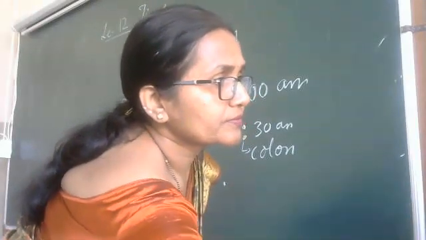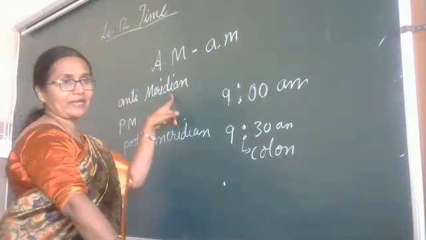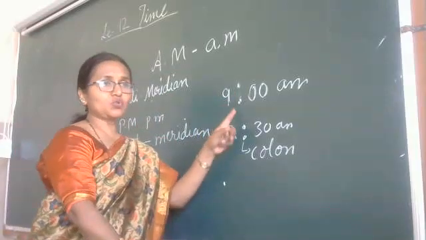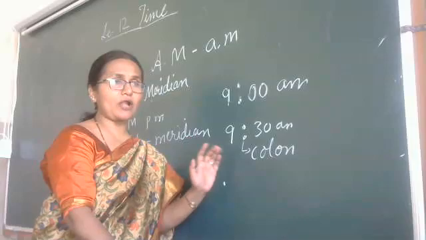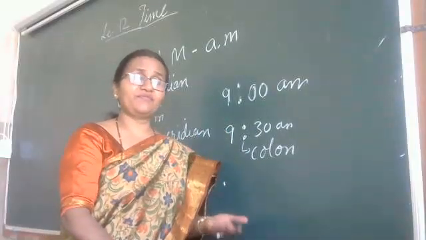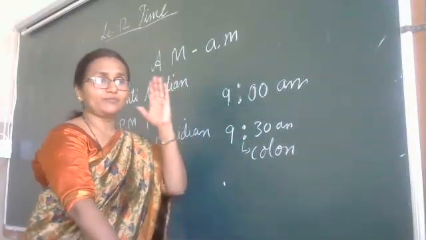Yes, sir. Okay? AM is anti-meridian, PM means post-meridian, and the two dots are called a colon. Remember, third standard. If they ask you the question, third standard, you should remember. This is the knowledge.